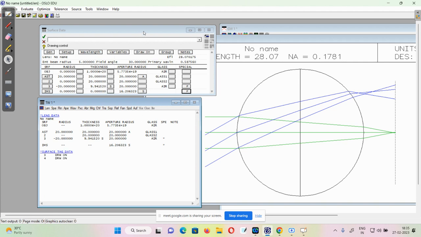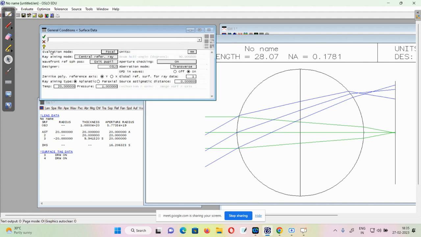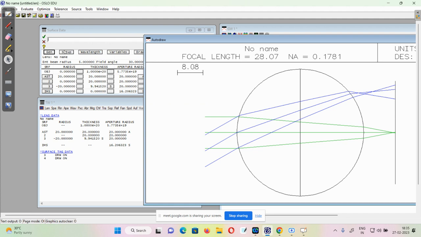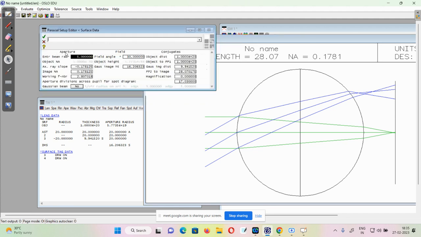Now see here, we have the data of this. Go to the setup, you can see different data here.